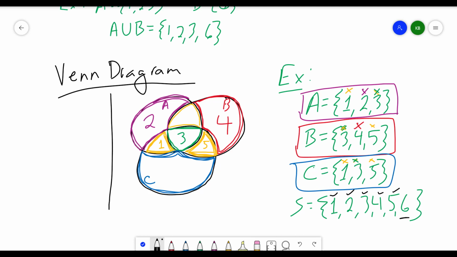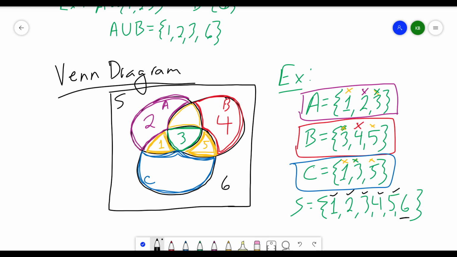In a Venn diagram, the last part is that it usually falls in a rectangle, and that rectangle represents the sample space. So anything that's in the sample space but not included in any of the events gets put into the rectangle outside of the circles of the Venn diagram. So that's how a Venn diagram works. The more you practice with them, the easier they'll become, and Venn diagrams can be your best friend through this stuff.